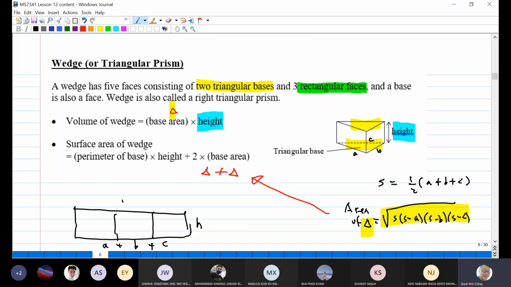How to find the side area? Take this side, for example.